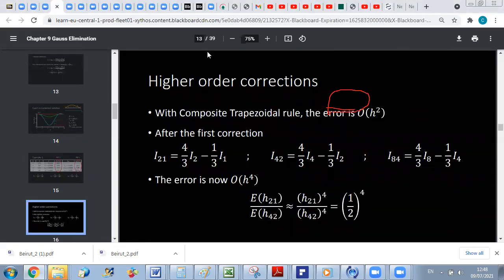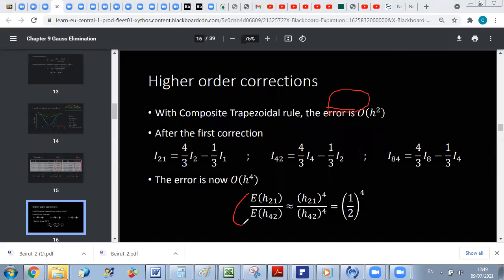Now, instead of having the ratio of errors equal to 2 to the power 2, if you remember, when we took the error of h1 over the error of h2, when h1 was double h2, the result was 2 squared. Whereas here, since we are now dividing the error obtained with virtual step h21 over the error obtained with virtual step h42, this will be approximately h21 over h42 to the power 4.